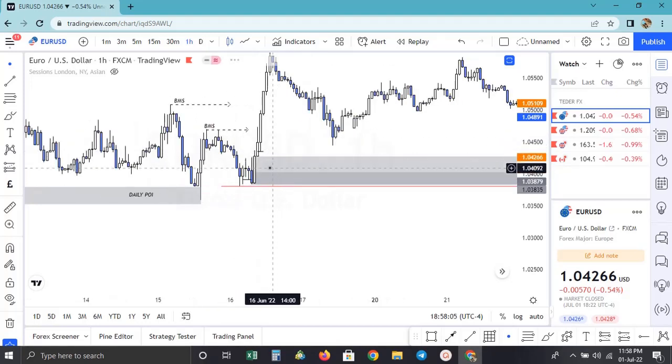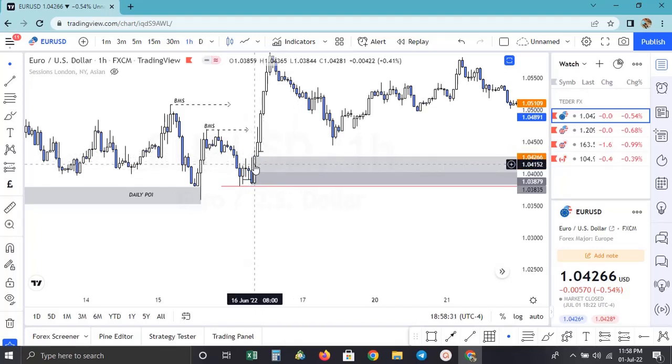Probably I don't like this kind of weak mitigation, like it just came in, tapped the open and started buying. If I should look for a nice mitigation, either they mitigate the 50% of this whole candle, or they tap in the open of the candle, but not this wick here.